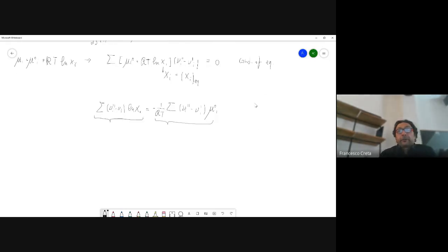Well, first of all, this is a nice achievement because if we can write down an independent reaction, for each of the independent reactions I can write down something like this. So at least I have a set of equations that I can use to find my composition of equilibrium. Bear in mind that the unknowns in the composition of equilibrium are x1, x2, up to x_ns, right? So I have ns unknowns, so I will potentially need ns equations.